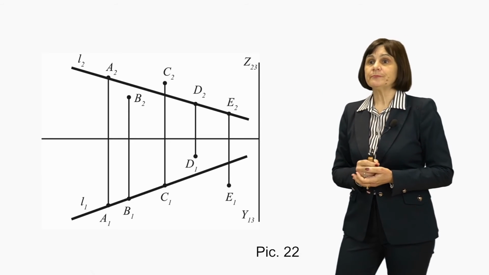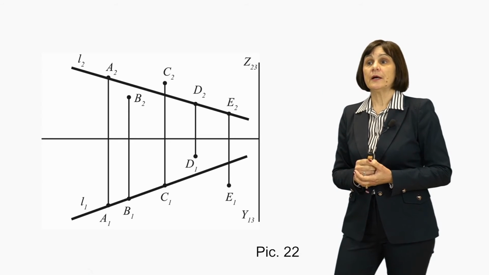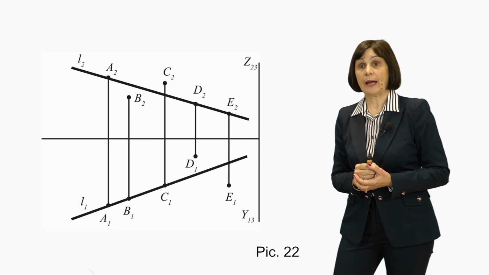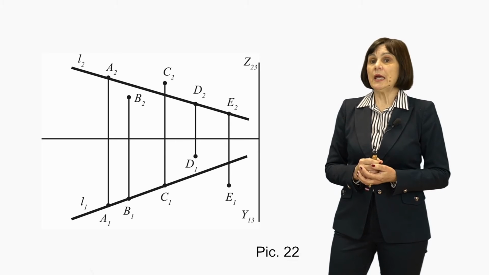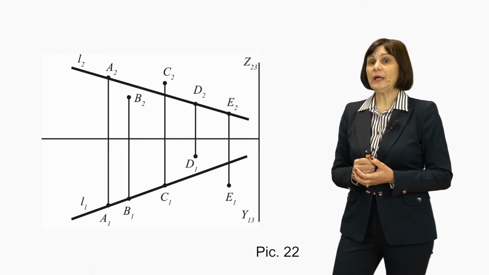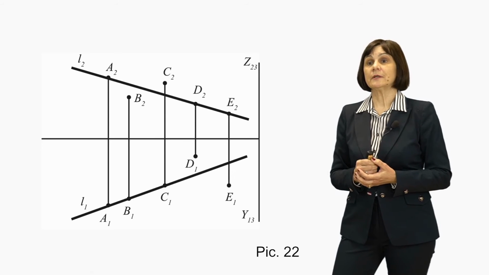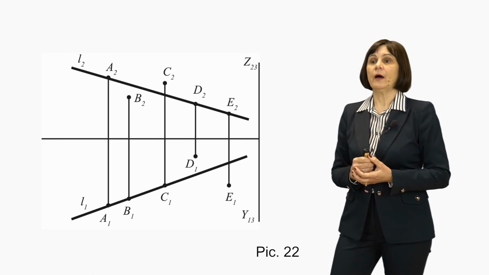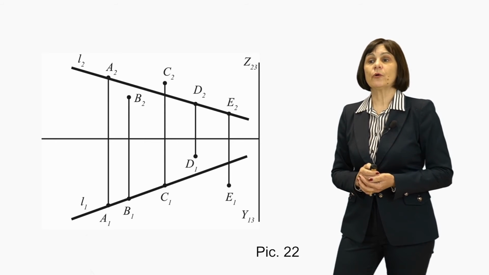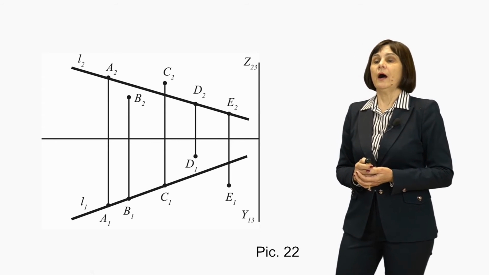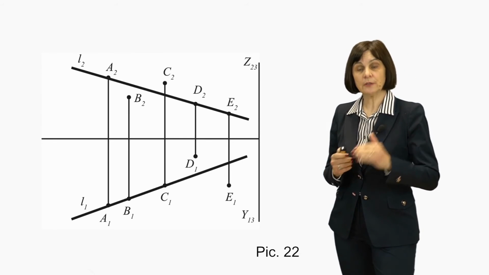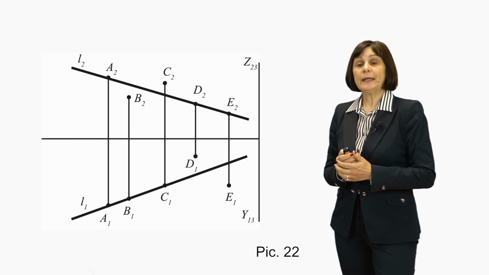This drawing illustrates the relative position of a point and a straight line. As you can see from this example, we have 5 points. Point A is located on the line L on horizontal projection plane.